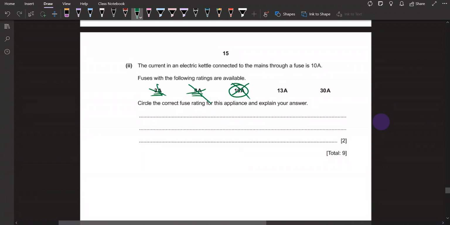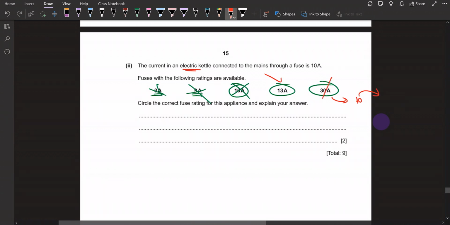So our option is going to be from these both, and we are going to take 13 because the fuse rating should be slightly higher than the current passing through the fuse, so that if the current changes to 12 ampere or 11 ampere, it doesn't break down, and the kettle only needs around 10 amperes. But if we use a 30 ampere fuse, the kettle only needs 10 ampere and the kettle is going to burn down.